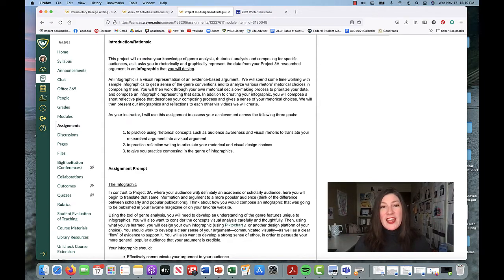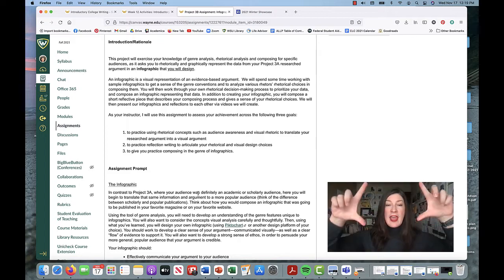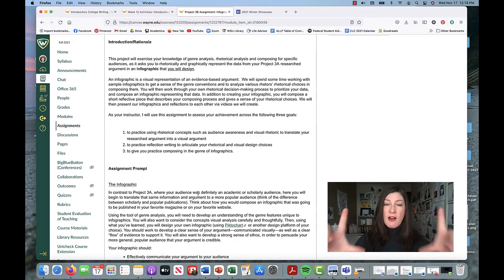Now, if you're like, info, what? Just Google infographic and you'll be like, oh, yes, because it's a genre that we've all likely been exposed to just due to our familiarity with trafficking online. So anytime you are looking at a visual representation of empirical data, that's an infographic.